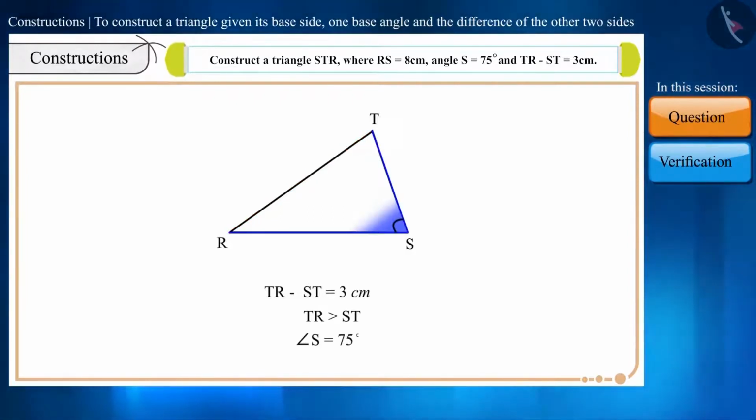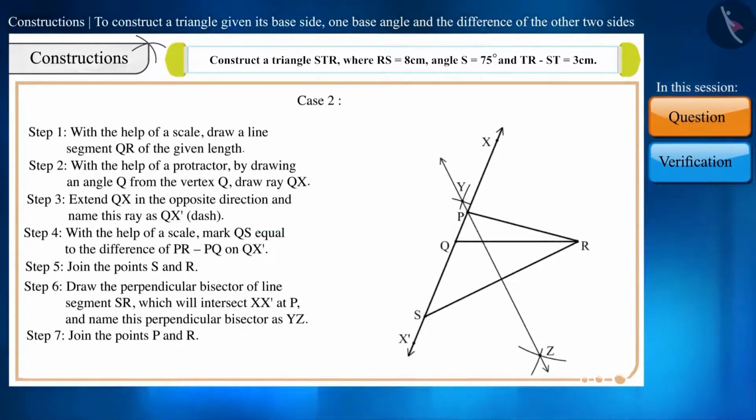We are given the measurement of angle S, but in TR, S is not there. Therefore, TR is not a side formed on the base angle. The side formed on the base angle is ST, which is the smaller side. So, we will do its construction as per Case 2.